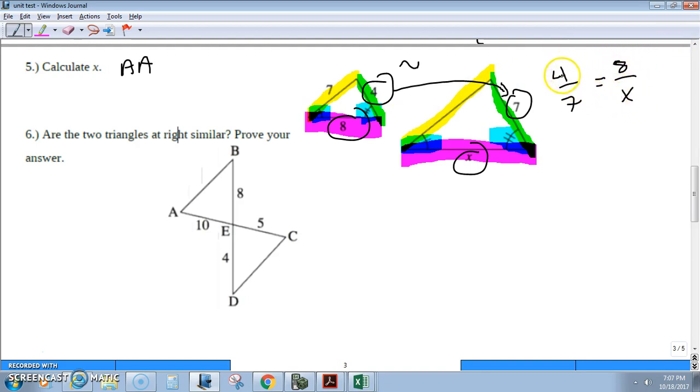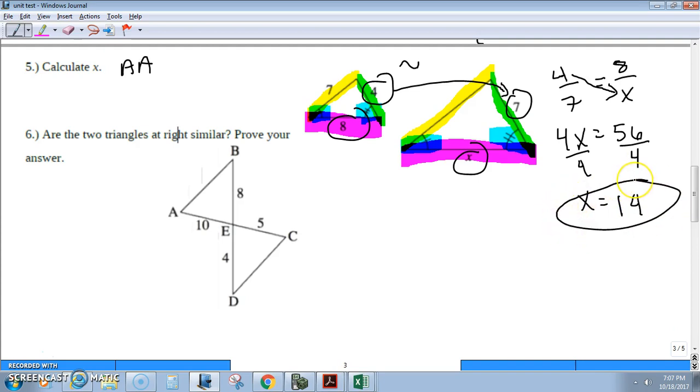Okay, so you can solve this by cross multiplying. 4 times x is 4x equals 7 times 8, which is 56. Divide both sides by 4. x equals 14. So x equals 14.